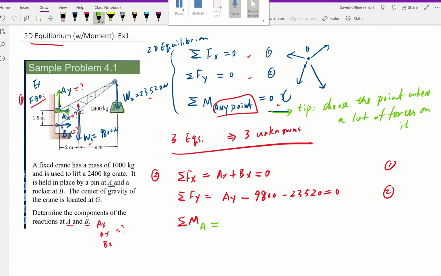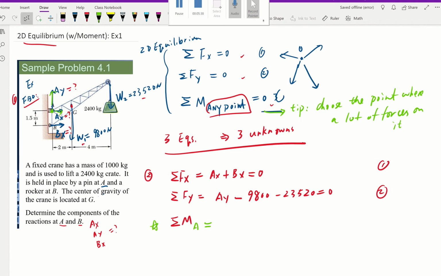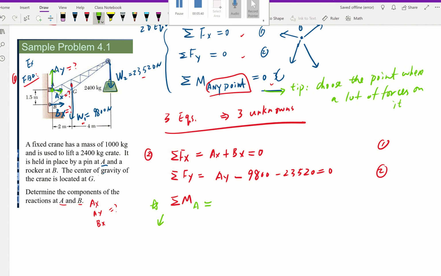So for this moment equation, we have to consider all the forces rotating about A. In this FBD, we have 4 forces.